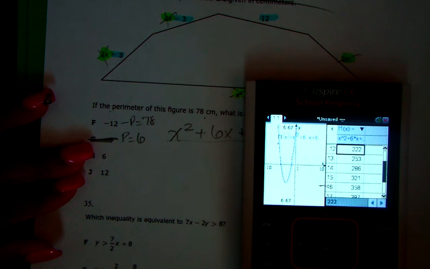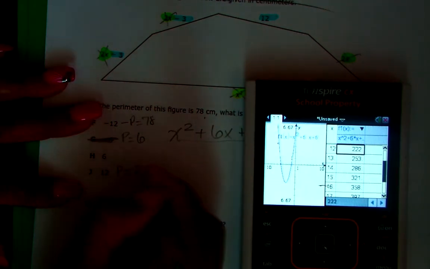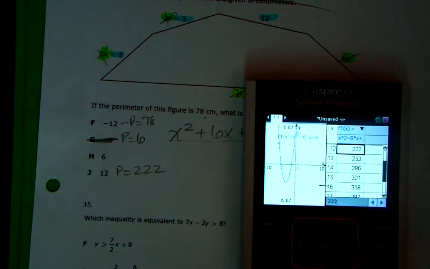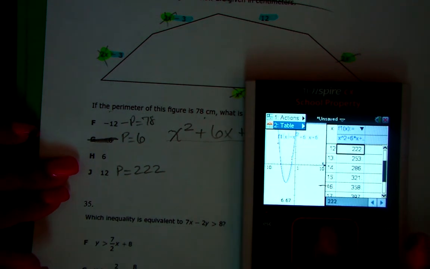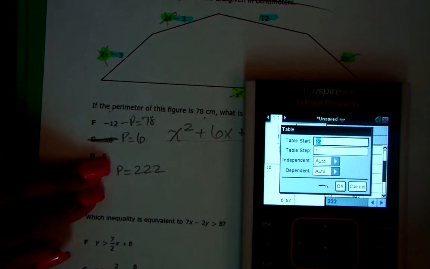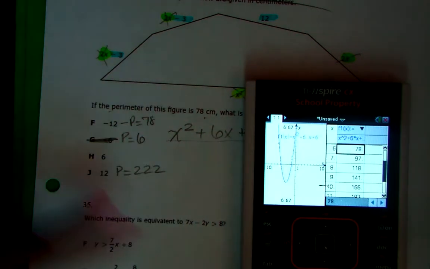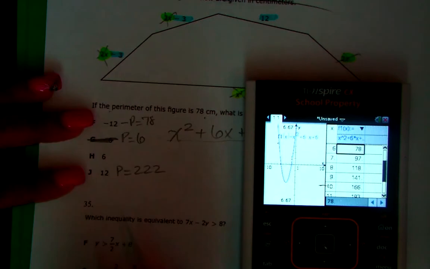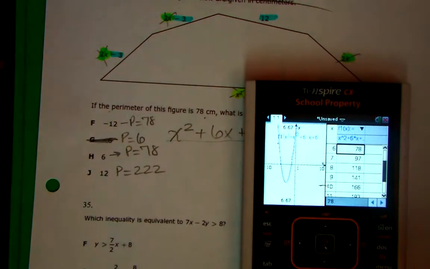Now I'm curious. A positive 12 gives us a perimeter of 222. Then go back to menu, table, edit, and I want a positive 6. And a positive 6 gave us 78. So a positive 6 says the perimeter is 78 as well.